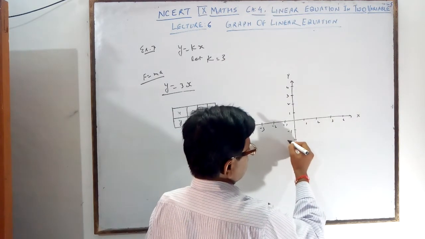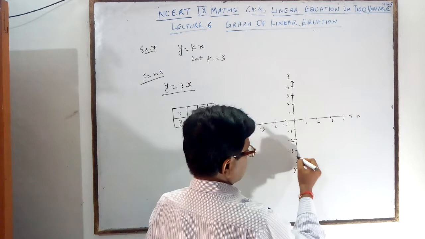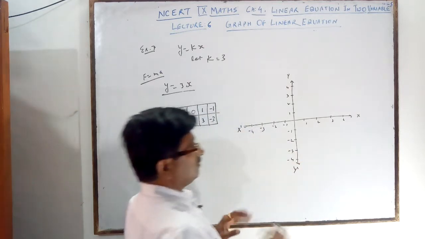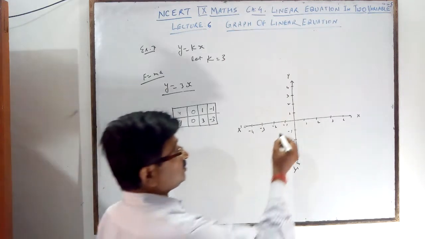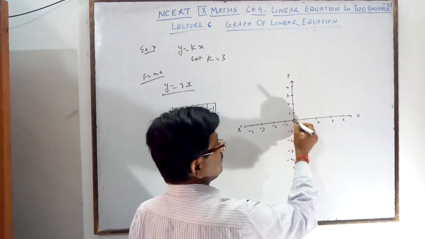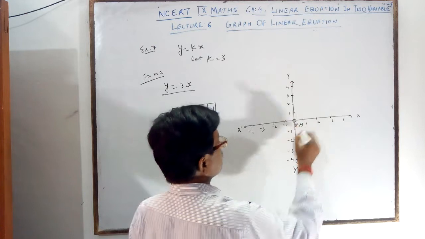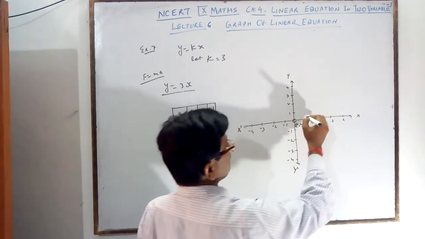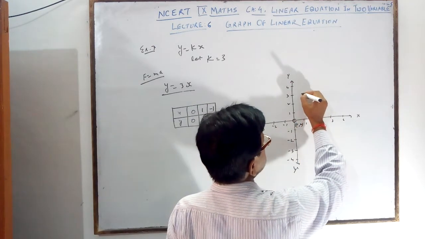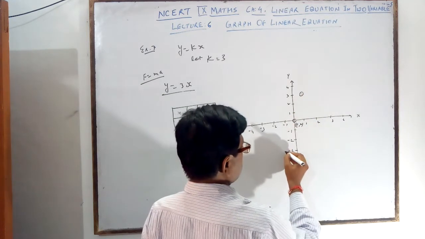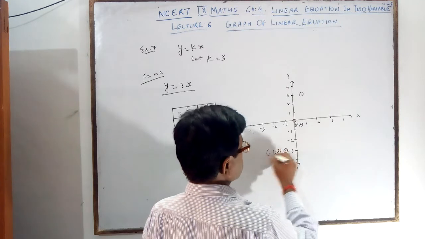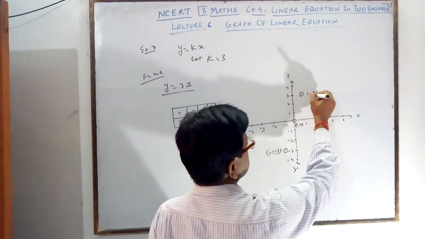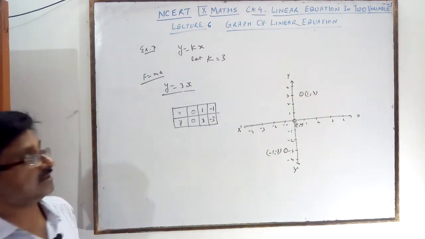Minus 1, minus 2, minus 3, minus 4, all the values on x dash. Now it is ready to plot. 0, 0 means the origin. 1, comma 3 means you are getting this point. And minus 1, comma minus 3 means you are getting this point. All the 3 points you are getting.